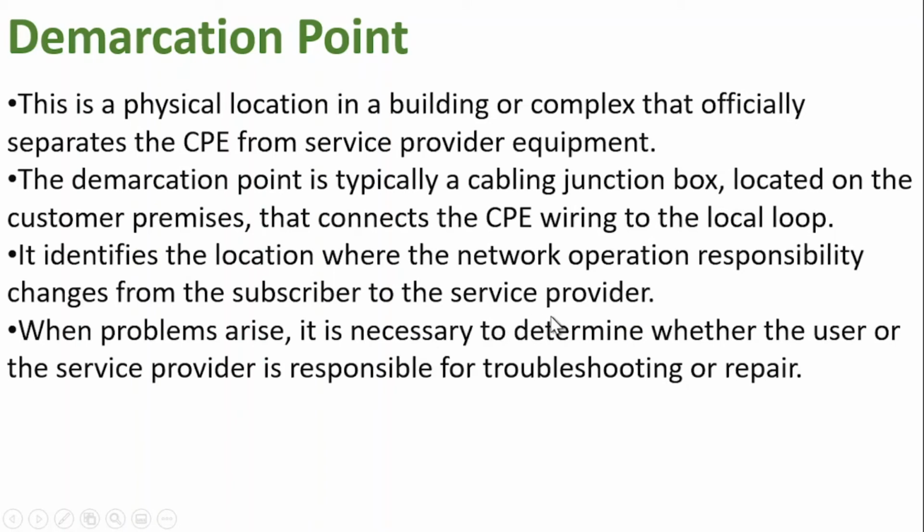Outside is the service provider's responsibility, but inside, it is the responsibility of the subscriber, the CPE. When a problem arises, it is necessary to determine whether the user or the service provider is responsible for troubleshooting or repair. Going inside the demarcation point is the responsibility of the subscriber. On the outside, on the local loop side, that is the service provider's responsibility.